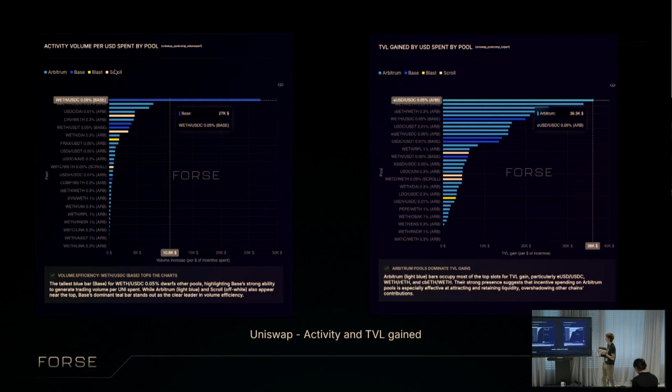And if done right, you can design programs that give you a lot of TVL for relatively little spending, and therefore increase the worth of your protocol by a lot by spending little money.